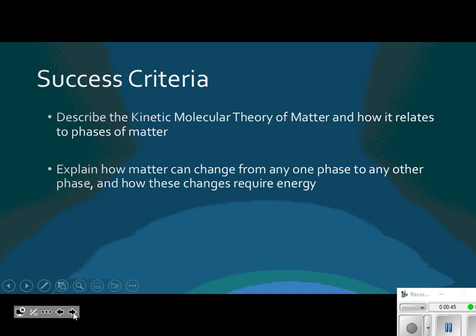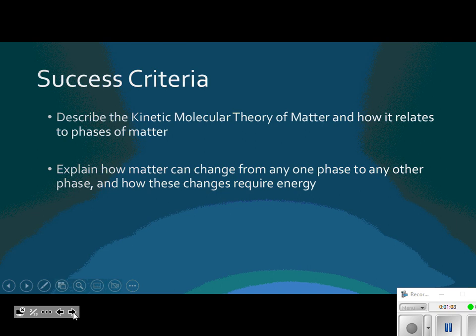Probably at one time or another, you've had a discussion, whether it was in physical science, if you took it here at Salina High School, or another physical science, you've discussed kinetic and potential energy. Now, the kinetic energy is dealing with the energy of motion.